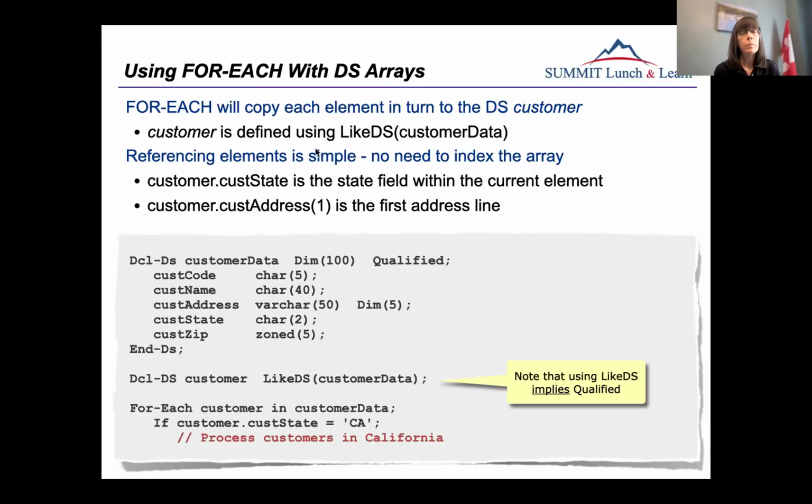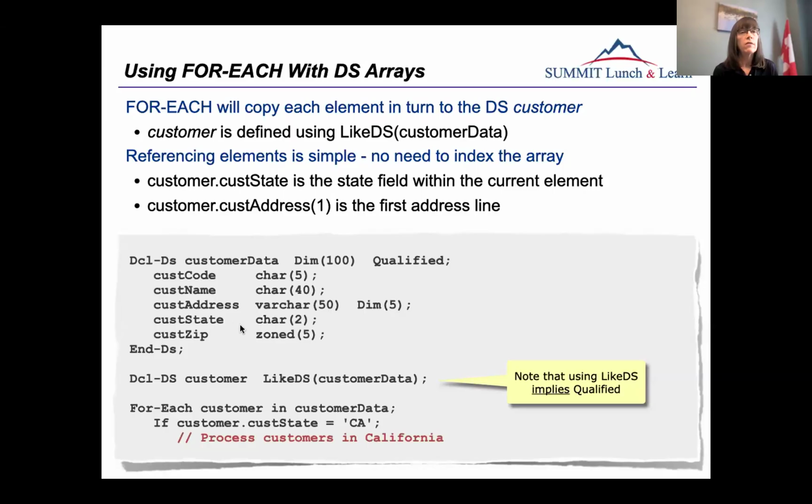So basically, the DS array works exactly the same way, in that a copy of the first element, that is the first set of data in the data structure, gets copied into customer with each iteration. Customer being a data structure that looks exactly the same, except that it's not an array, right? So it works exactly the same way, except that because it's qualified, we have customer.custstate when we want to refer to one of these things.